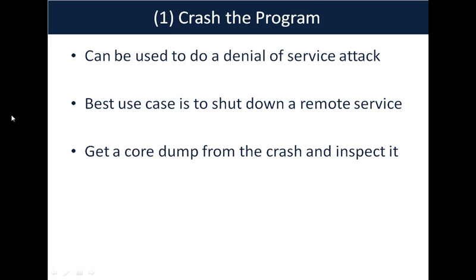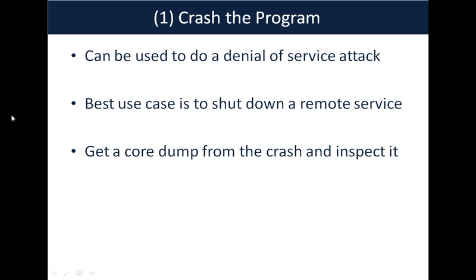So the first thing you can do with format string bugs is to crash the program. Very simply, this can cause a denial of service attack. One can only imagine, if there is a remote daemon, an FTP daemon such as WUFTPD, which is running and is vulnerable to such a format string vulnerability, then a malicious user could shut it down and deny service to others.